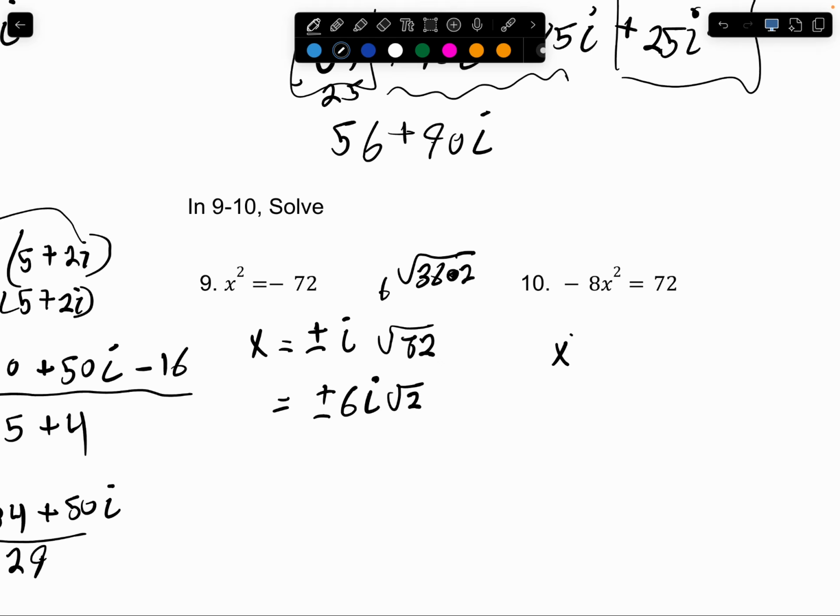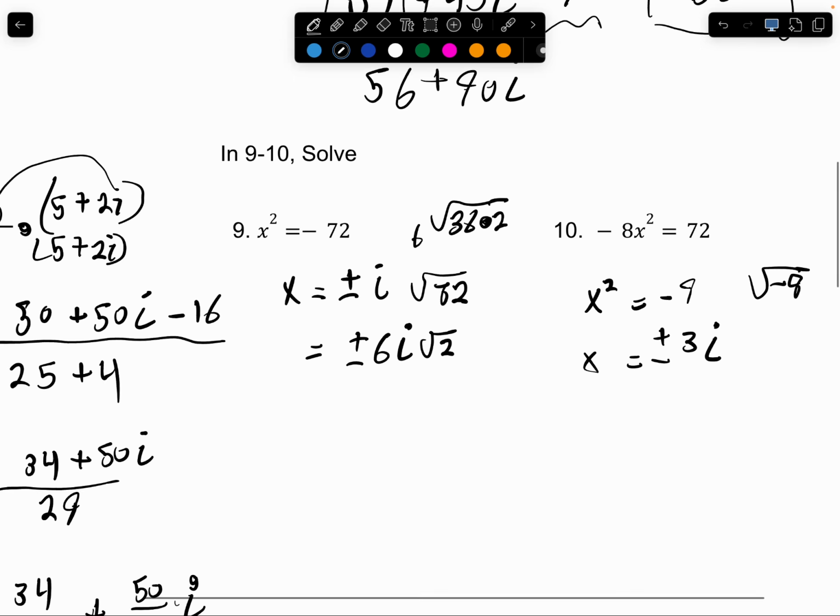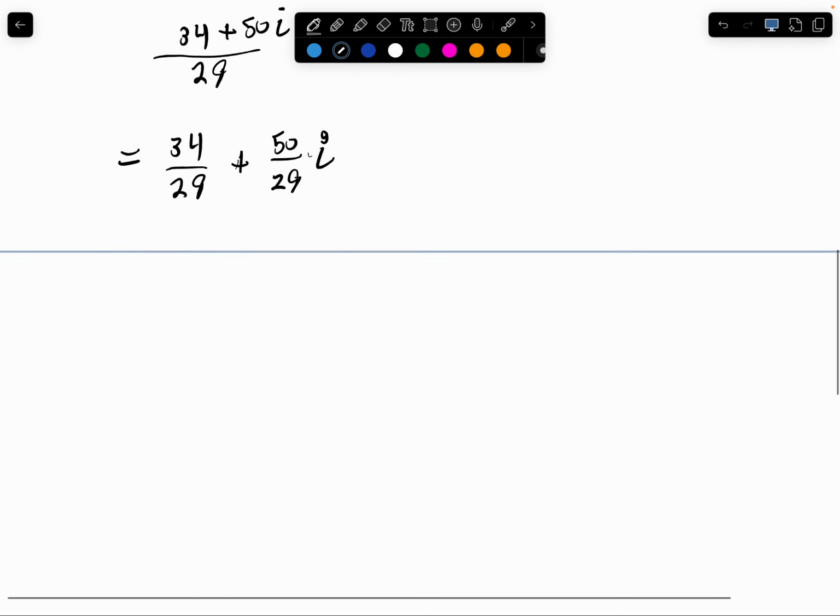Divide by negative 8. 8 goes into 72 9 times. Square root of negative 9 gives you the 3i, right? That's number 10. All right, that's it.